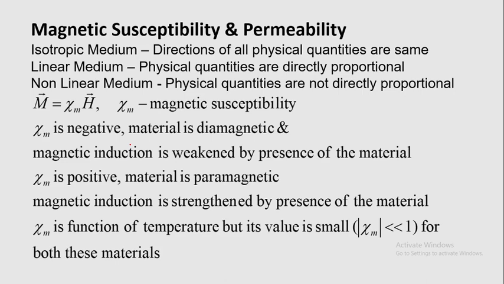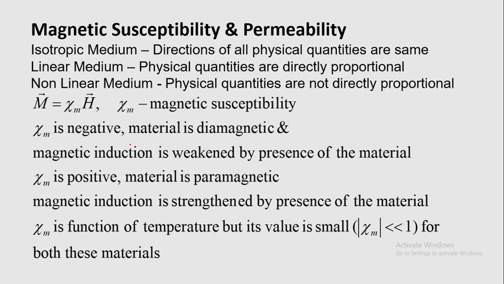Or you can keep it inside a solenoid, then again it will get magnetized and produce the magnetic field. That external agency which is responsible for producing the magnetization of the material is called the magnetic intensity H. So three basic physical quantities in the magnetic material are magnetization M, magnetic induction B, and magnetic intensity H. All these are vector quantities.